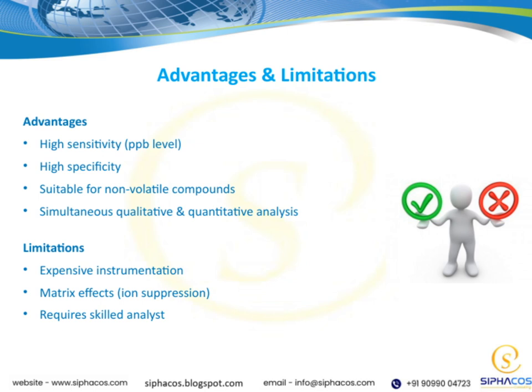Additionally, operating this technique requires skilled analysts who understand the nuances of the process, adding to the resource requirements. So, while this method offers many benefits, especially in sensitivity and specificity, we must also be mindful of these limitations when deciding if it's the right tool for our analysis.